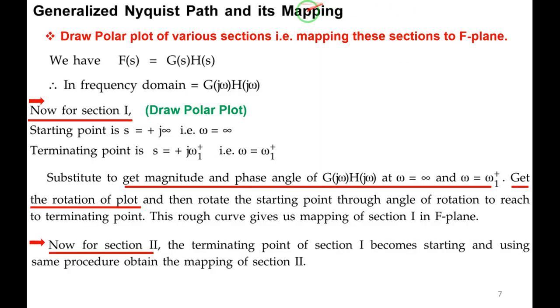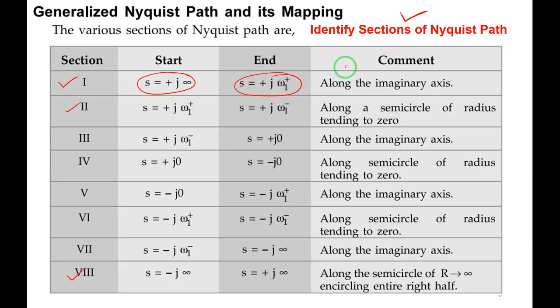The next third step is to draw the polar plot for various sections. Mapping means that if I am drawing the polar plot for various sections, it is nothing but mapping these sections from the s-plane to the F-plane. How to map the s-plane to the F-plane, we have already seen in yesterday's class. So if I draw the polar plot for several sections, there are totally 8 sections here.